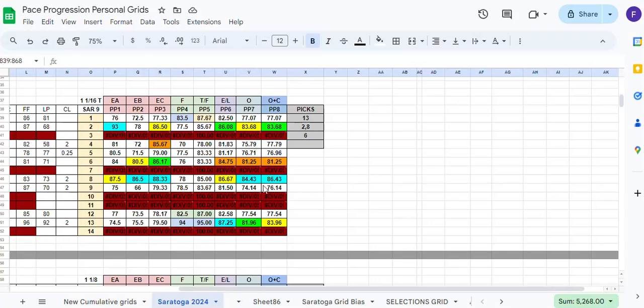A lot of times the top ranking will point you to the favorite or second choice, which is, in a sense, good because it's telling me the data we're using paceline-wise is pointing me in the right direction. The public's seeing the same thing I'm seeing, but that's not always what we want to do. Okay, this is all good when you're looking to single a horse in a horizontal, such as a double, pick 3, pick 4, or whatever.